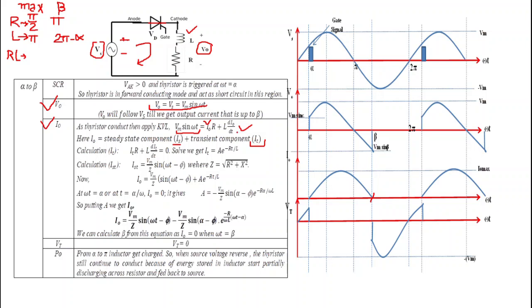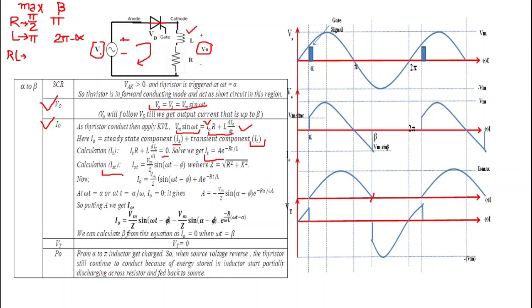IT can be simply calculated by putting the right hand side equal to 0. So putting this, we get IT R plus L dIT by dt is equal to 0. On solving this equation, we get transient current is equal to A e to the power minus R by L t. And how do we calculate the steady state current?